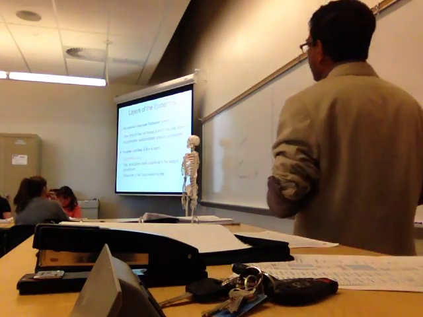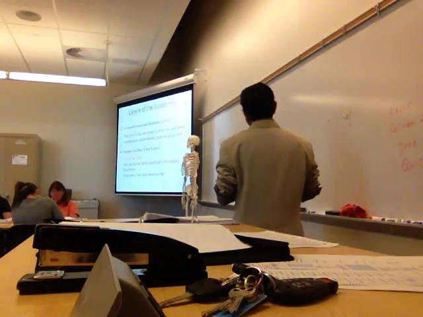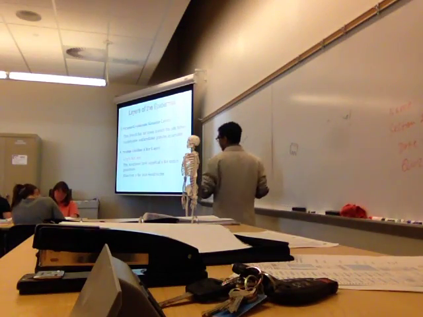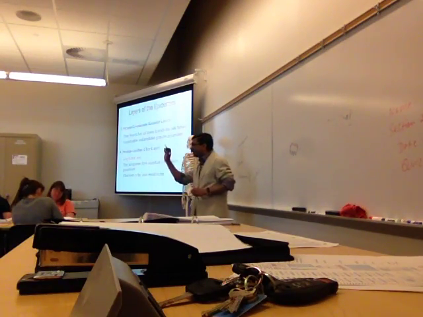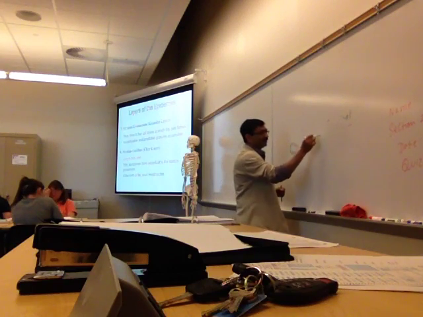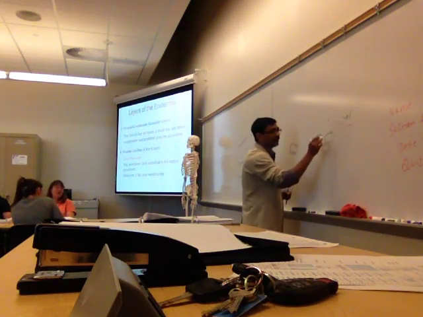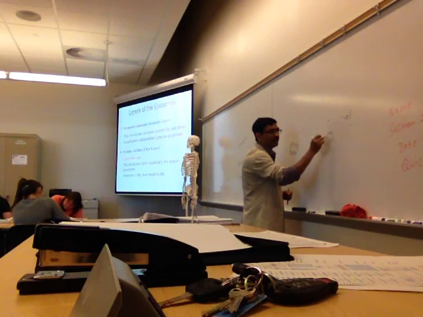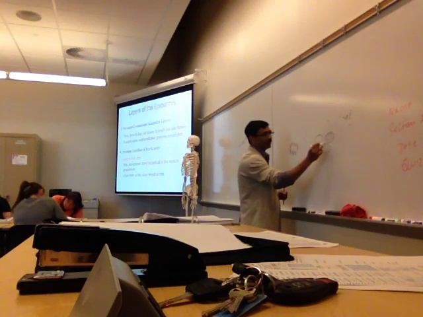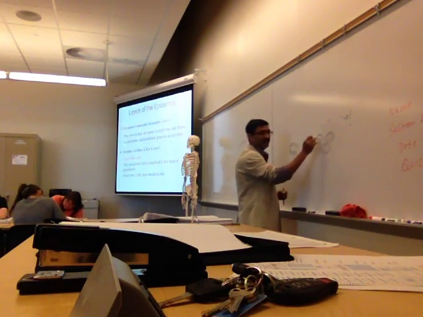Then stratum granulosum. Why this layer is called granulosum? Because if you see the cells of this layer, the cells are filled with granules. Granules are tiny dot-like chemicals. Okay? So those are filled with granules.